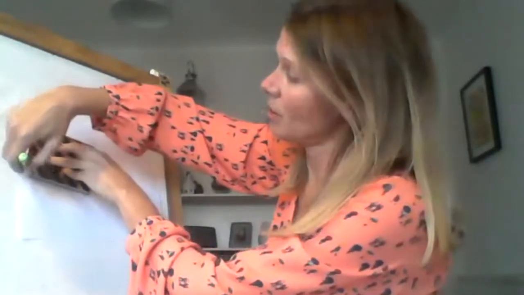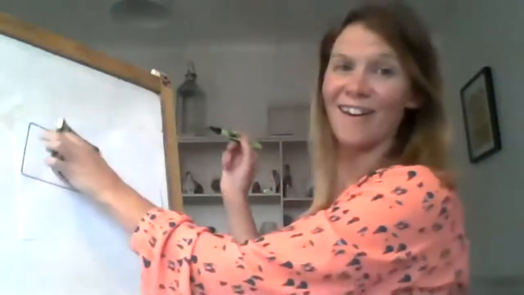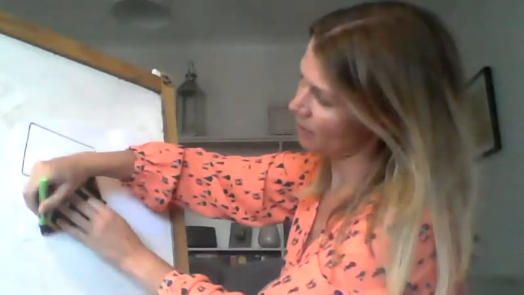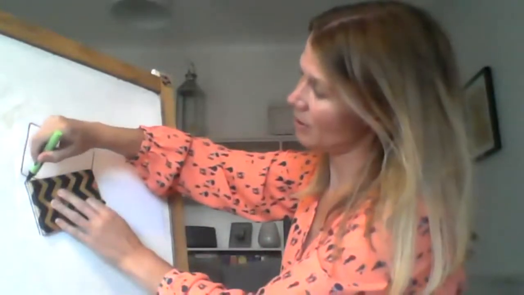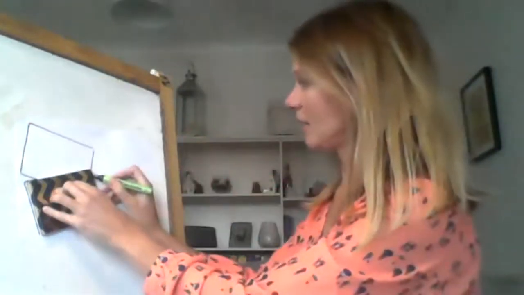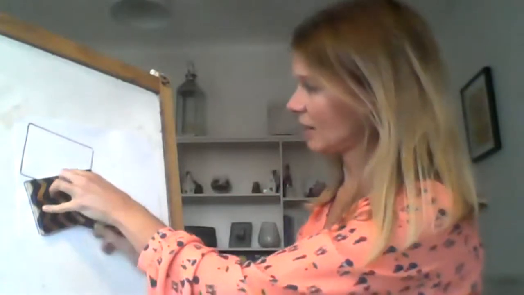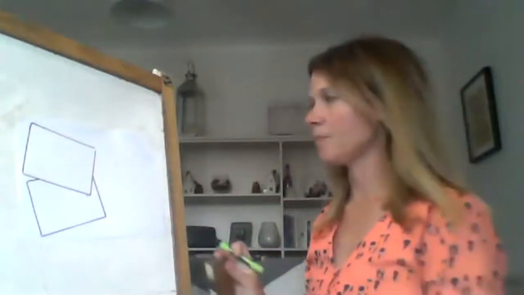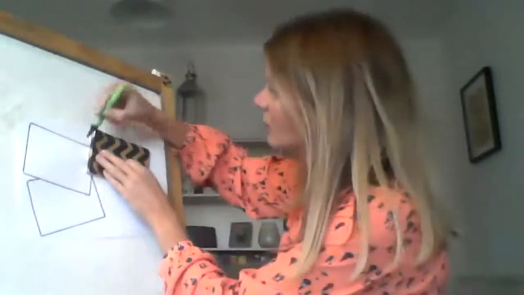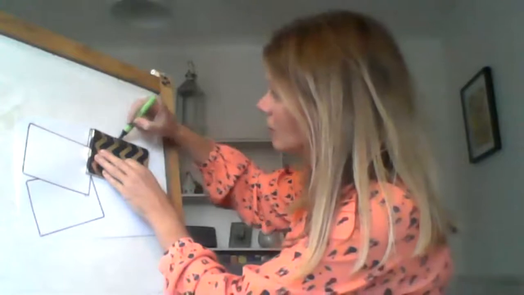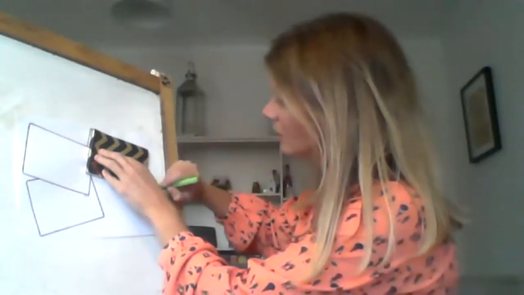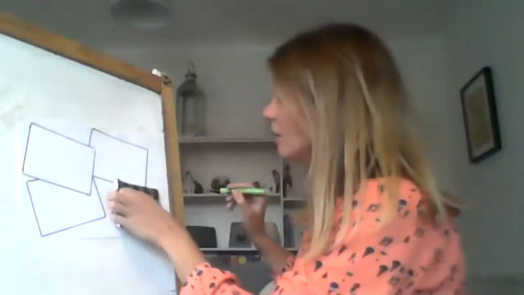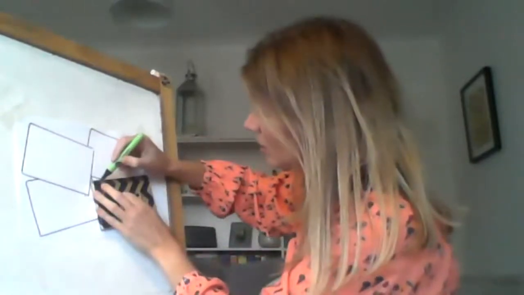So I'm going to make my own little photo album with my photos, and I'm going to overlap my template to create a scrapbook look. Can you see that? And I'm going to do another one here. There we go. And maybe one down here.